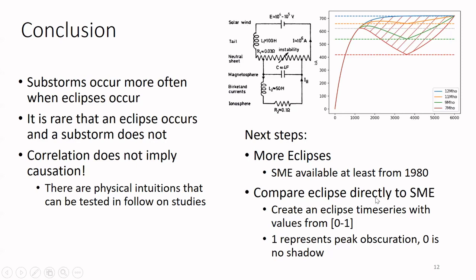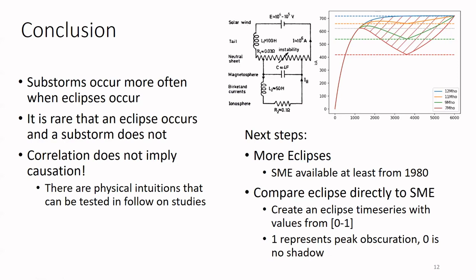And we can also do a more detailed analysis using finer resolution data, right? So imagine instead of doing just an on-off type of comparison, where an eclipse happens or it doesn't, you create some scalar value for the obscuration, right? You have a global eclipse impact parameter or something like that, and you can measure this impact parameter as it moves across the Earth and has a global impact on the ionospheric current.